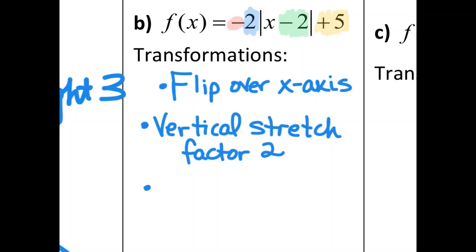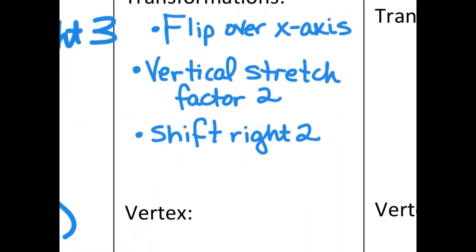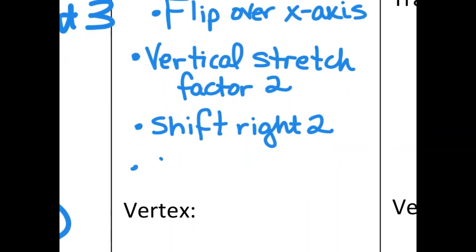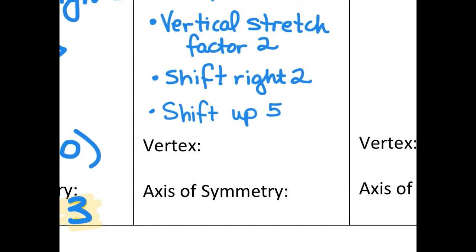Then your shift, your sideways shift, because it's minus and insiders lie, it's a shift to the right. And it's shifted to the right 2. Outsiders don't lie, and so your outside +5 is going to be a shift up 5. Now if you think about this, if you took the vertex of the parent graph and shifted to the right 2 and up 5, the point that you get is the point 2, 5.